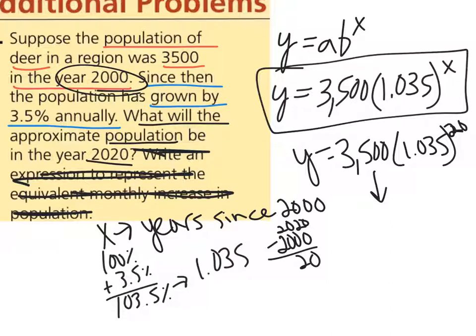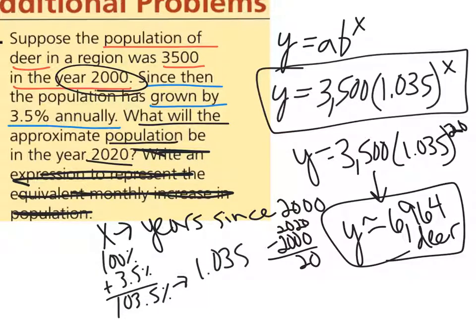And again, we're talking about how many deer there are, so we'll round this off to the nearest whole number. That would be about 6,964 deer in the year 2020. Now obviously there's a lot of different variables that go into this. That was in 2000.